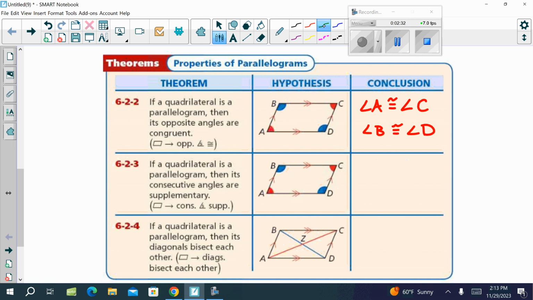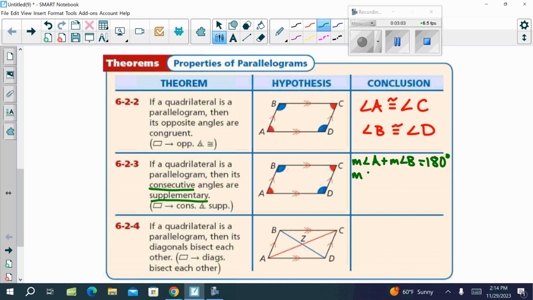All right, property number 3. If a quadrilateral is a parallelogram, then its consecutive angles are supplementary. What that means is, next to each other, we take the measure of angle A and an angle next to it, the measure of angle B, it's supplementary, so it's going to add up to 180. And we can do that all the way around the parallelogram.